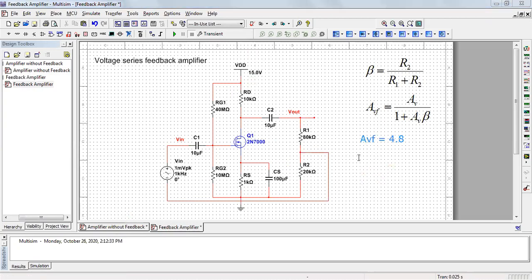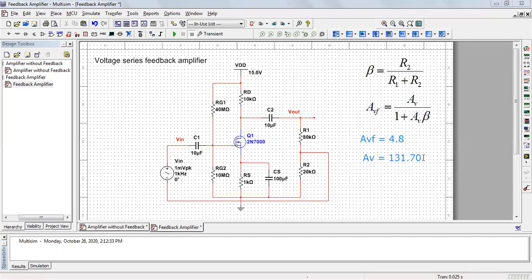AV is around 131.7, I think we got. So now you can check our gain is reduced to a lower value, 4.8.